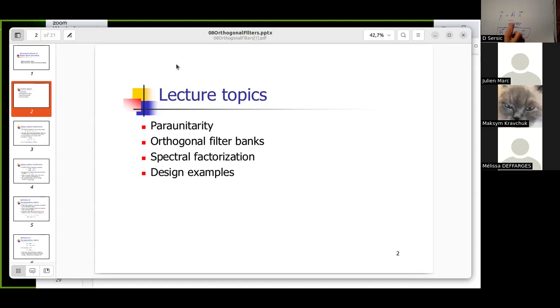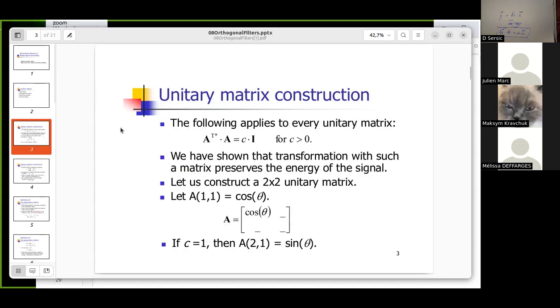Maybe we can just try to construct some unitary matrices, let's say step by step. If I have a 2 times 2 unitary matrix, I can just start putting the first element, which is cosine of some theta. Theta is any number you want.